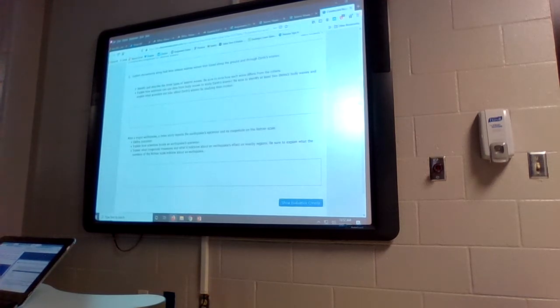The P waves are also going to be the fastest waves, and they are compressional. The S waves are not going to be the fastest or the slowest. They're going to be right in the middle, but they are shear waves. And then the surface waves are going to be the slowest waves.